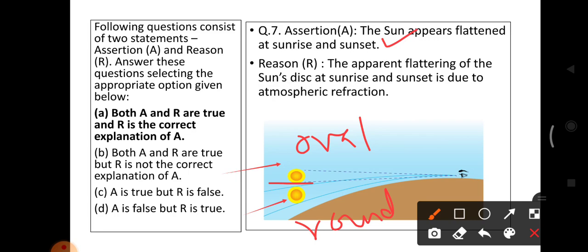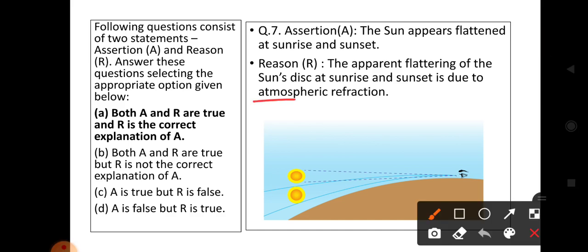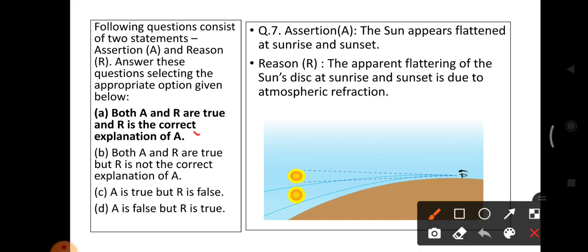The reason: the apparent flattening of the sun's disk at the sunrise and sunset is due to the atmospheric refraction. Yes, due to that atmospheric refraction, the sun appears flattened. So both A and R are true, and R is the correct explanation of A.